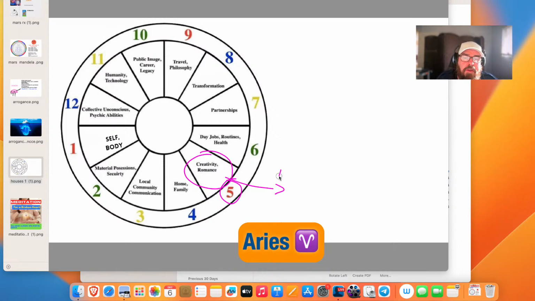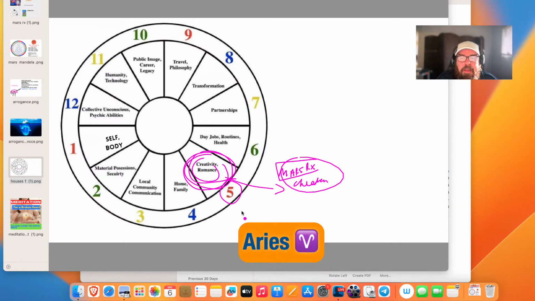Mars retrograde in this position can make you a little bit doubtful, a little bit insecure about your creative expression, right? And so there can be potential conflict here in the fifth house. So with children, a romantic partner, right? Maybe things aren't going so great in the romance department through this Mars retrograde.